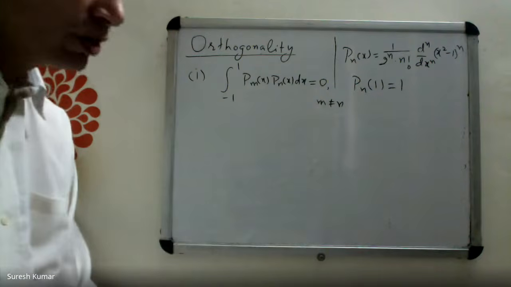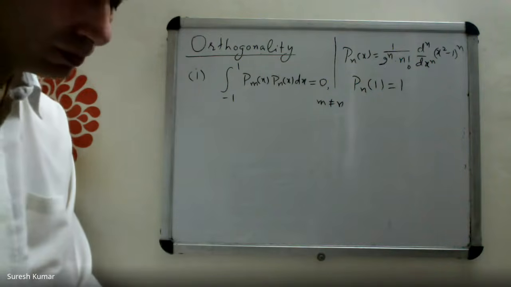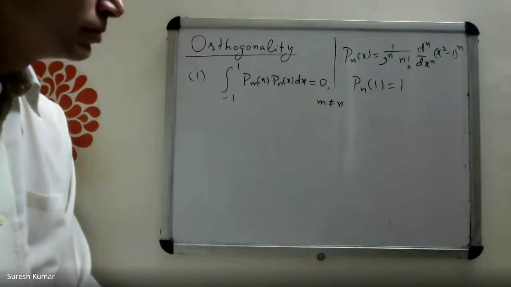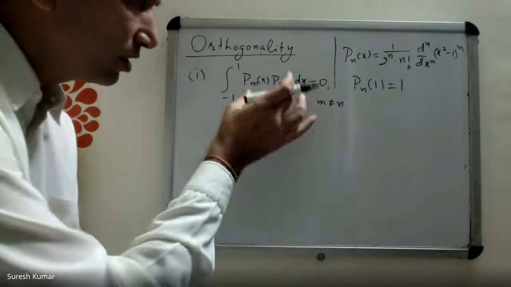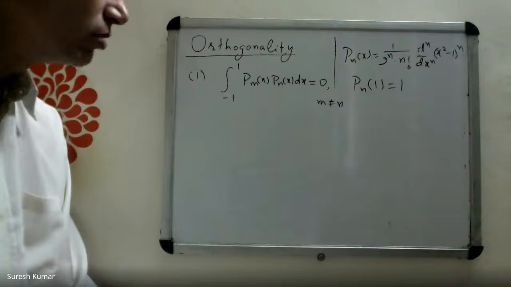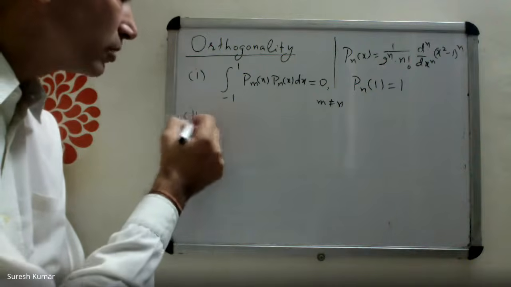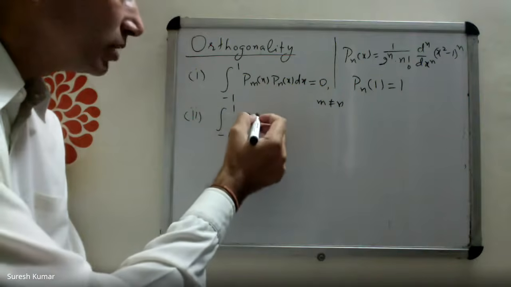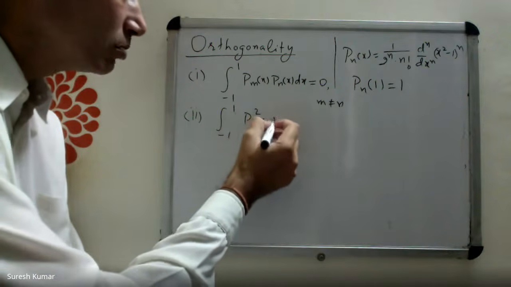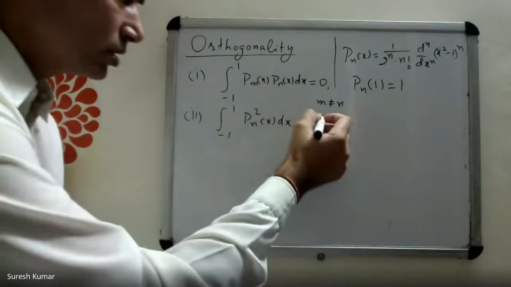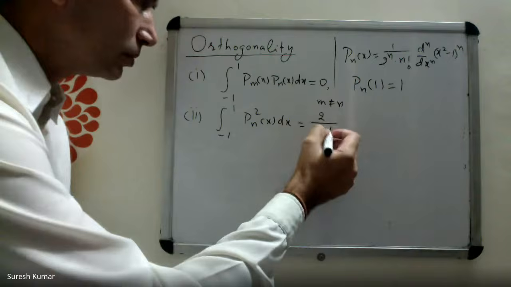These are orthogonal in this sense. If you multiply two different Legendre polynomials and integrate from -1 to 1, the answer is 0 always. What happens if these are the same? Suppose you are calculating Pn(x) into Pn(x), meaning Pn square of x. This integral, its answer is 2 over (2n plus 1).